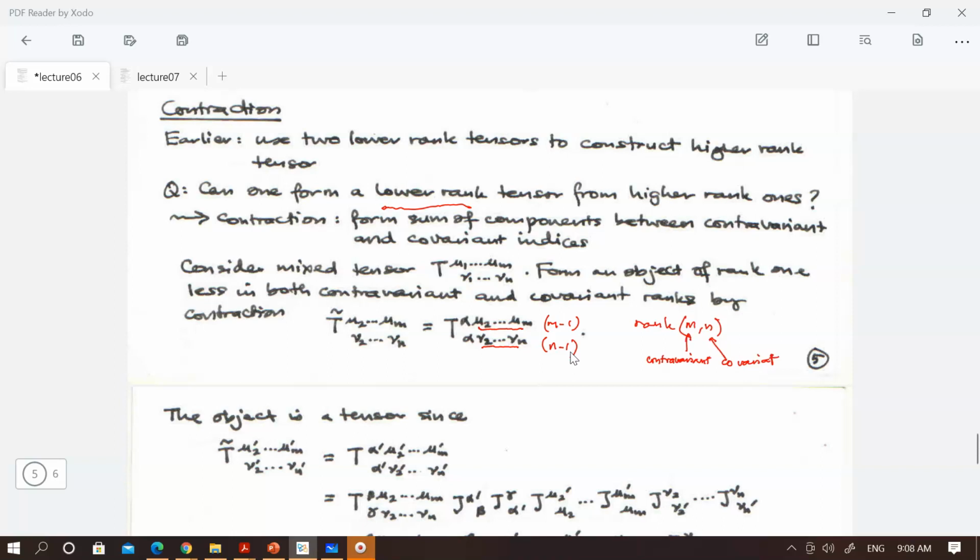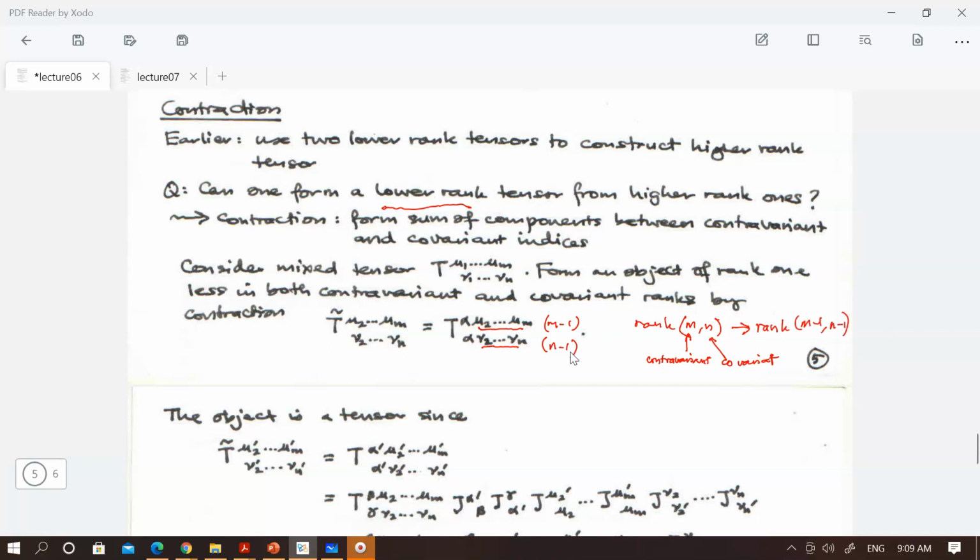Now, the example that we gave here is the first index, but it can be anywhere inside the row of indices at the top and the row of indices at the bottom. So what we did was to create, from a tensor of rank (m, n), a tensor of rank (m minus 1, n minus 1).